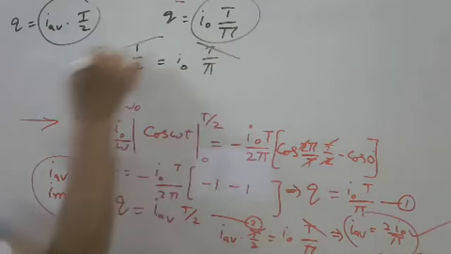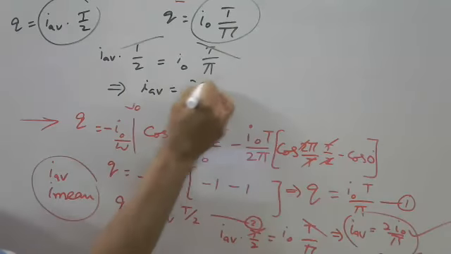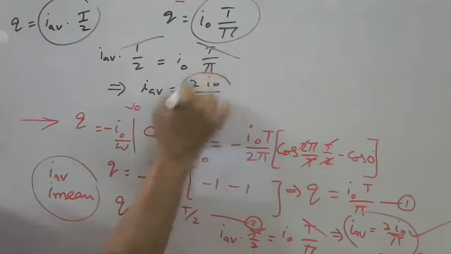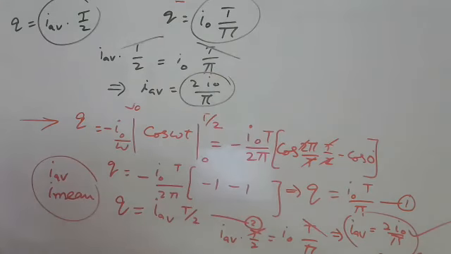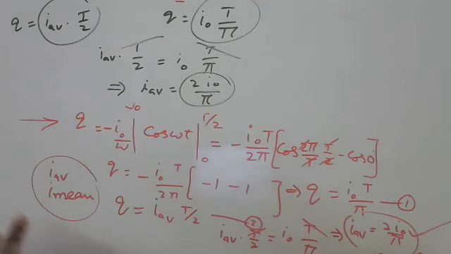Now T will be cancelled out. It means by equating equations 1 and 2, we get the result. I average is equal to 2 I naught upon pi. This is the result.